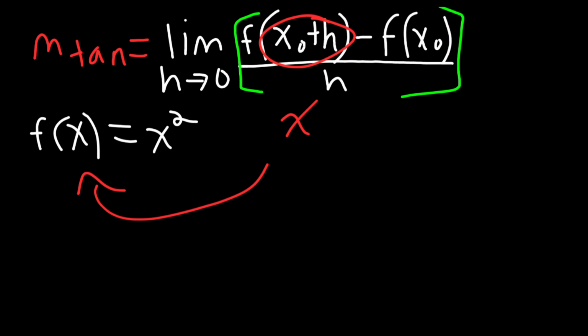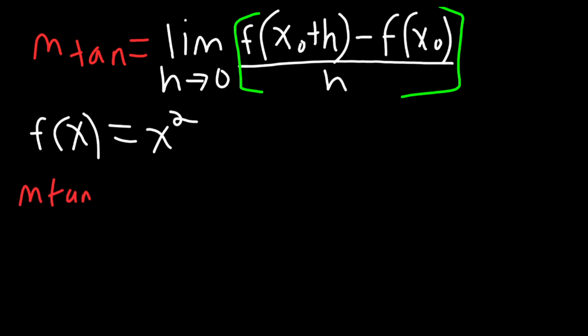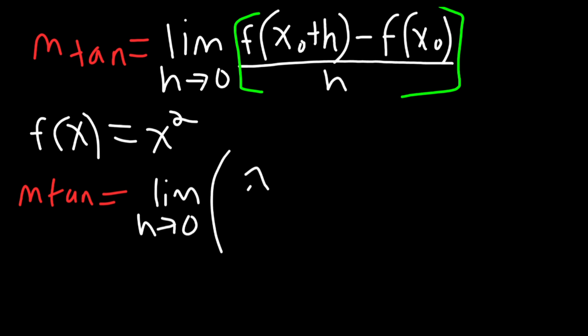And we can replace this with this whole f of whatever. And then here, we're going to do the same thing. So let's plug it in like normal. We have our function f of x. This is f of x. Let's plug in x naught plus h into our function f of x. So we're going to keep the limit. M tan equals limit as h goes to 0 of, plug it in, x naught plus h, plug it into this function, right?